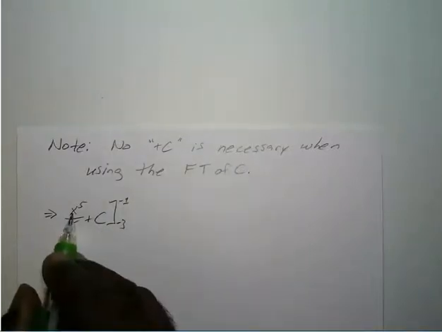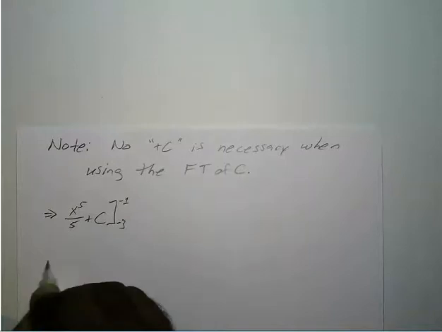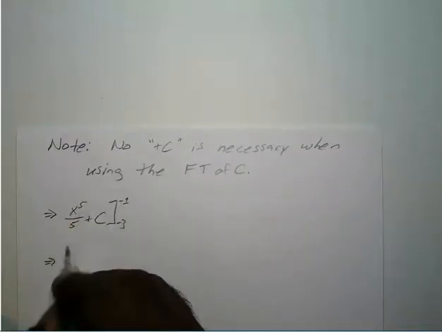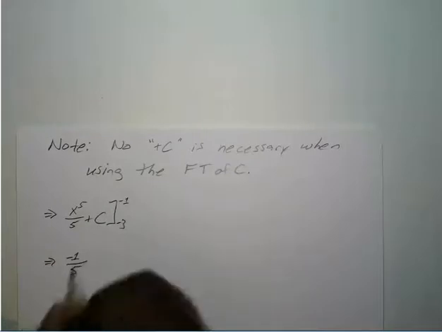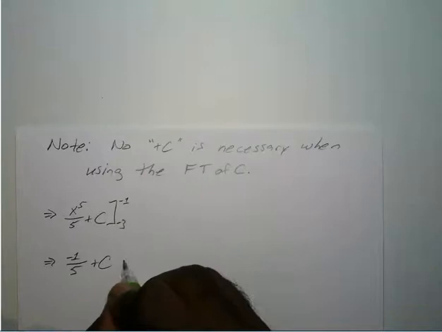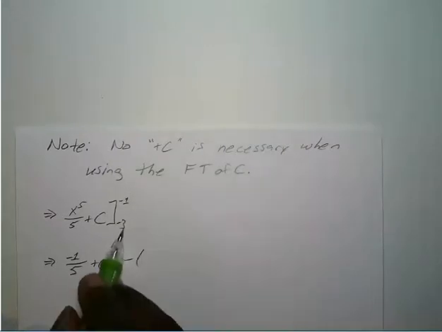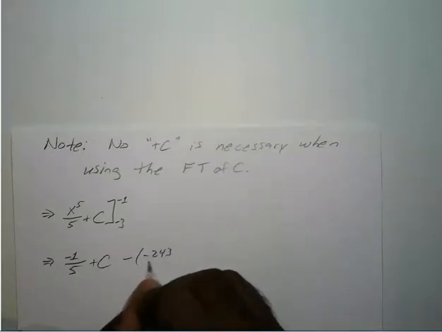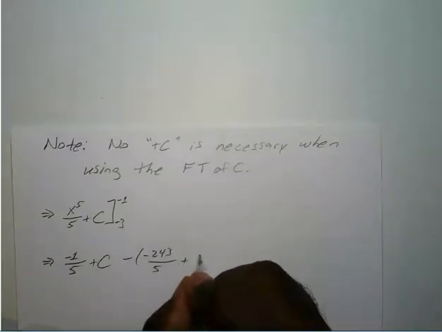We already know -1 to the fifth power is -1. So you have -1 over 5 plus c, minus, if we plug in our -3, we ended up with -243 over 5 plus c.